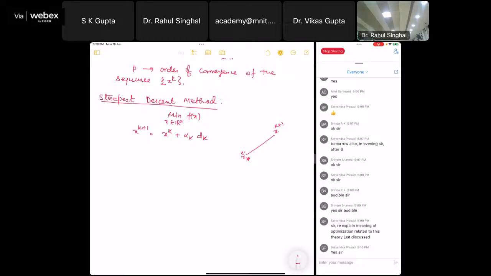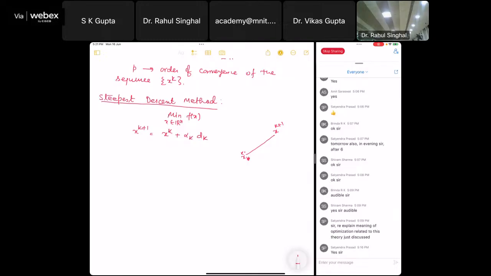We know by the directional derivative concept that the direction in which f decreases most rapidly is the negative of the gradient of f. So of course, if we move along the negative of the gradient of f, then the value of f decreases. So the direction we can choose as negative of gradient of f.